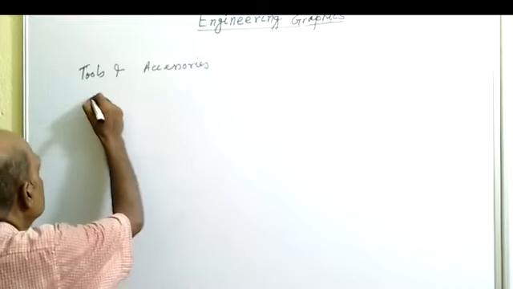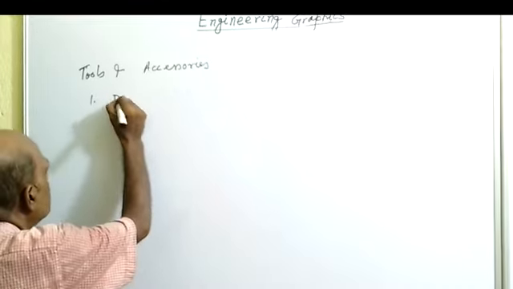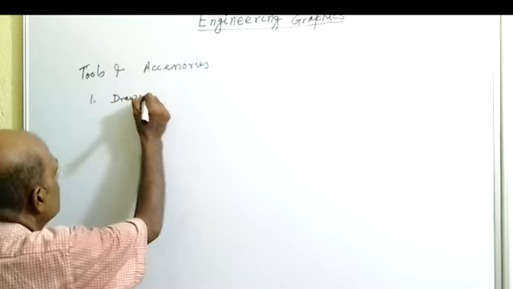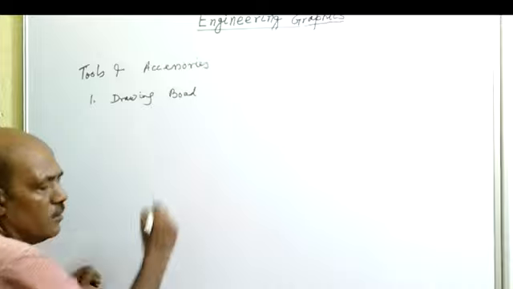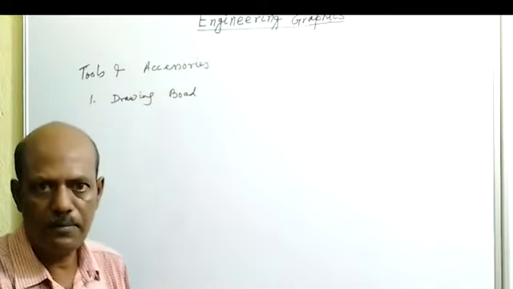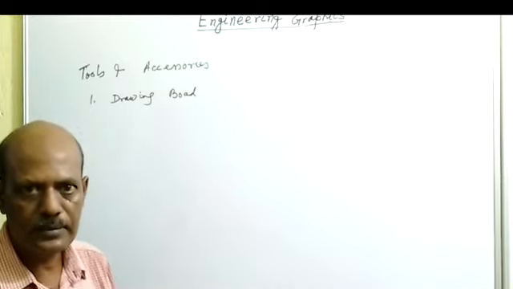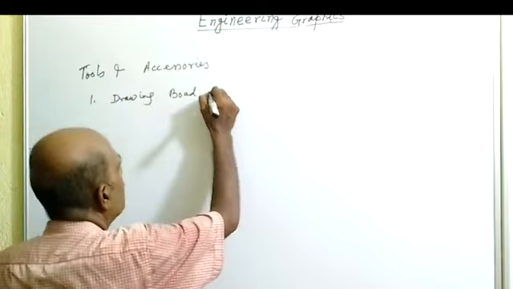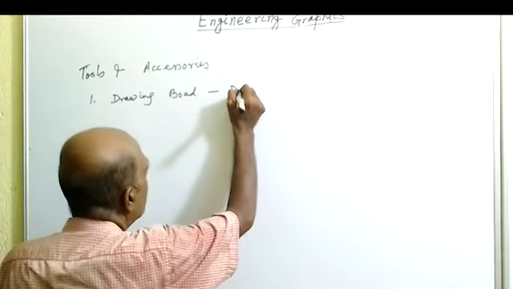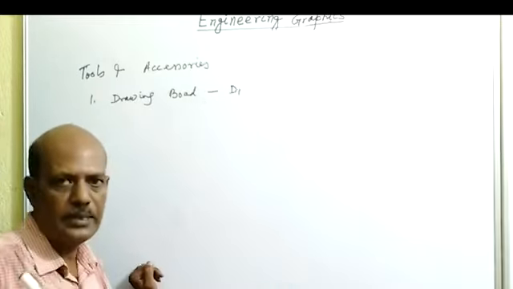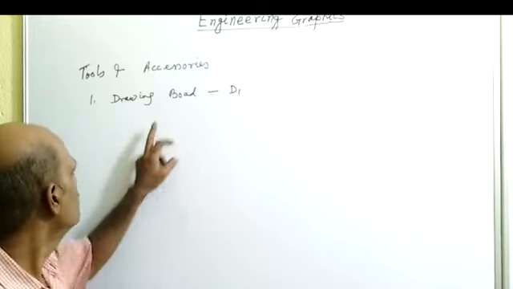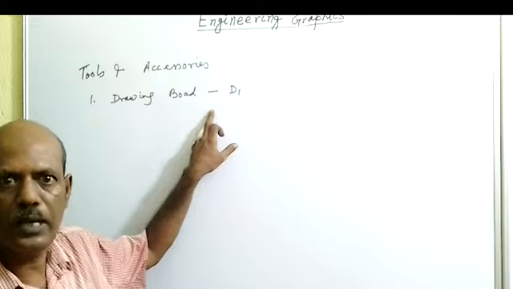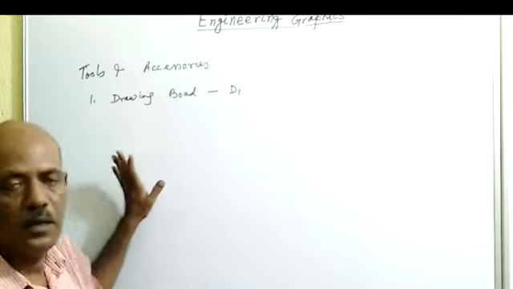First one which is required is a drawing board. We have discussed the various sizes of drawing boards available, the standard sizes. So we will use a D1 drawing board. The size was already discussed in the last video, so anybody who does not know, go through the last video and you can get it.